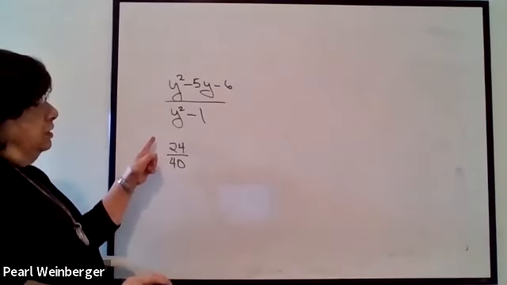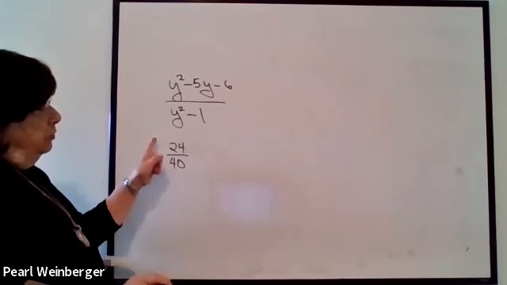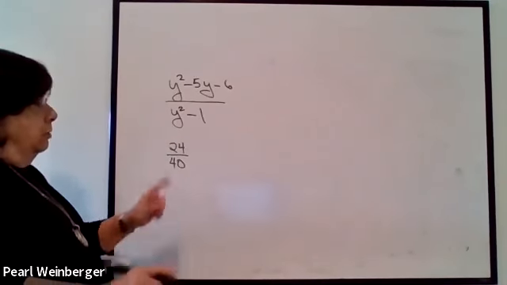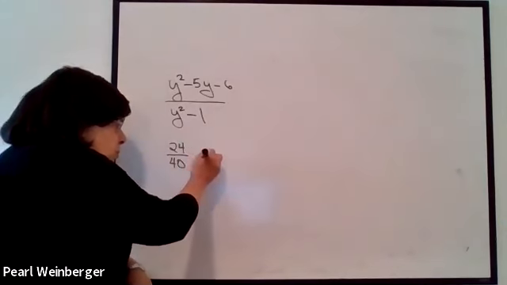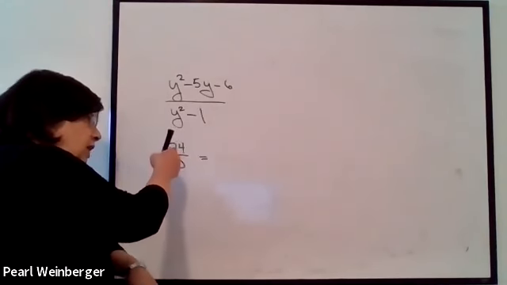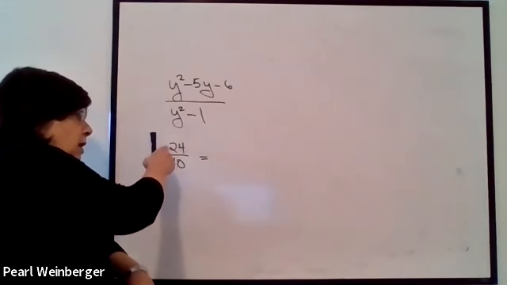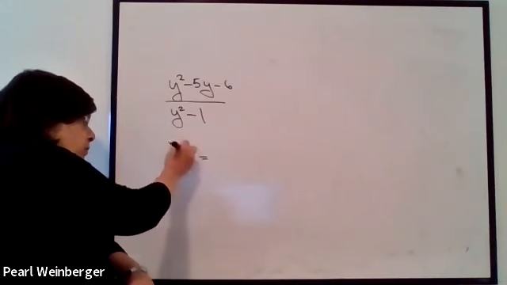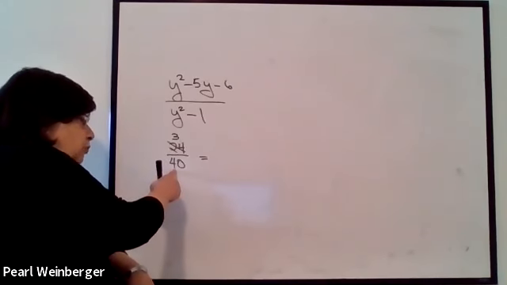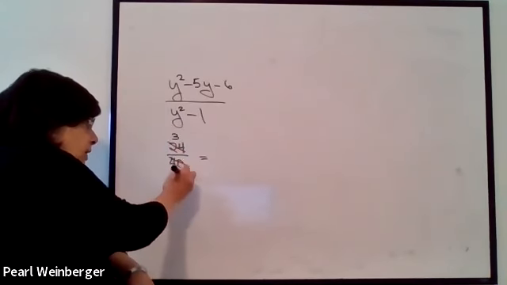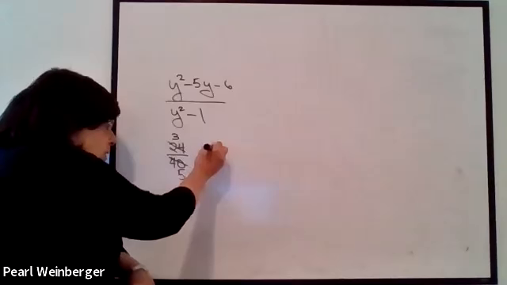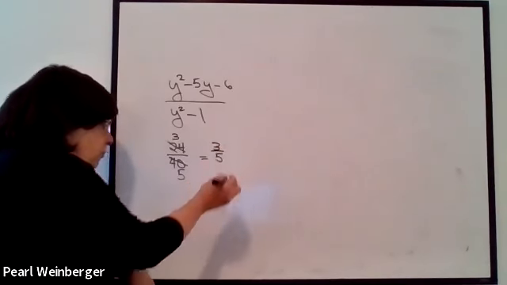If you notice, 8 is both a factor of the numerator and the denominator. In other words, you're probably doing it in your head: 24 divided by 8 will give me 3, and 40 divided by 8 will give me 5. So my answer is going to be 3 over 5.